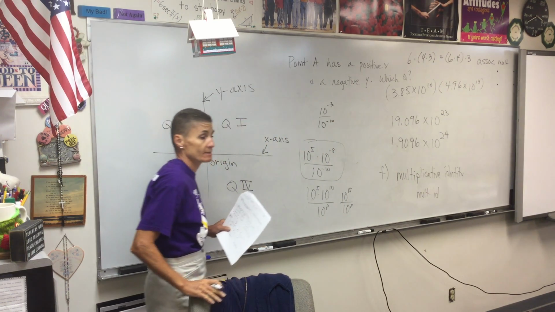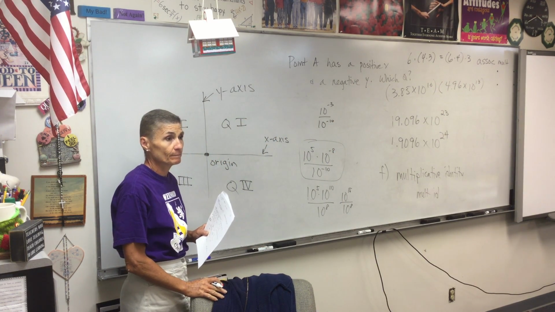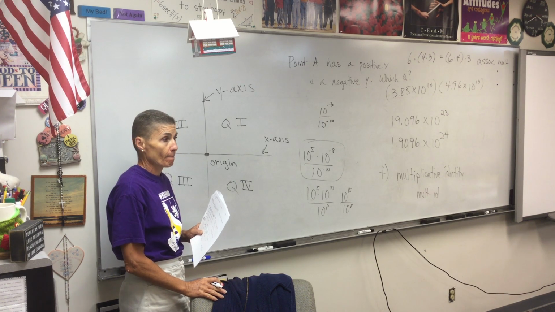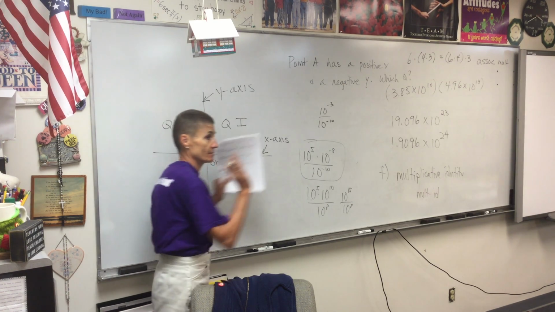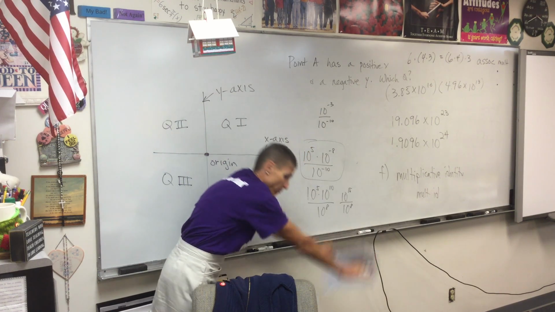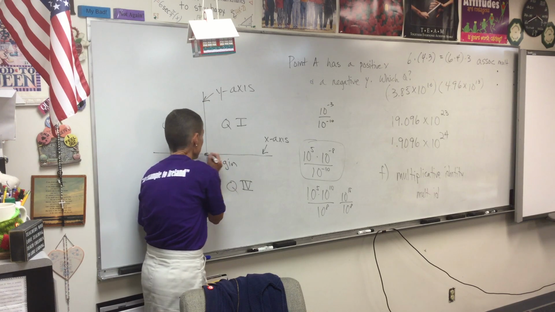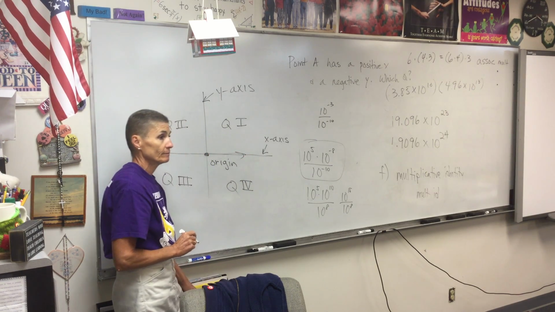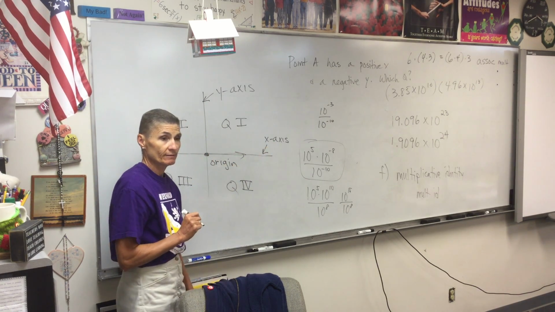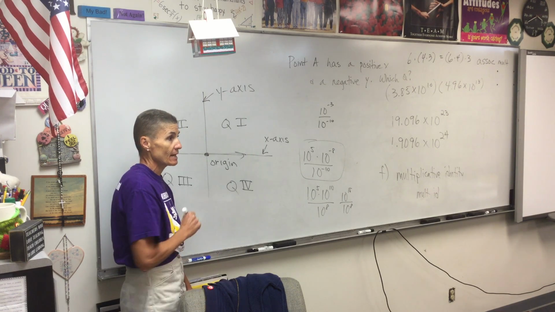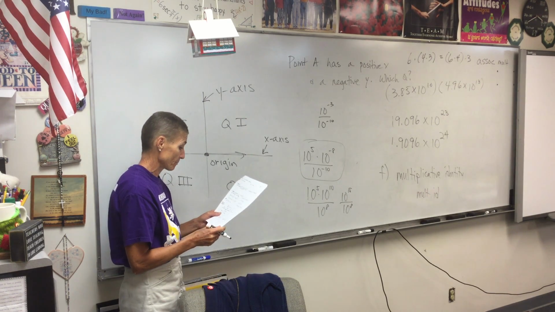Positive x, negative y. Four. That would be quadrant 4. These are positive x's, right? Right is positive. Down is negative for the y's.